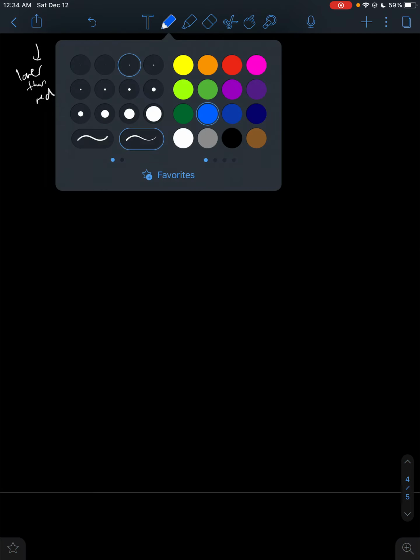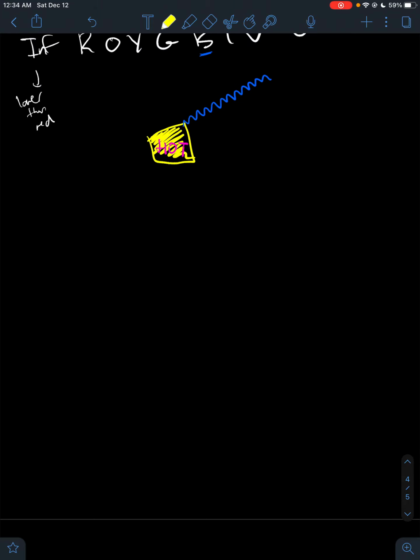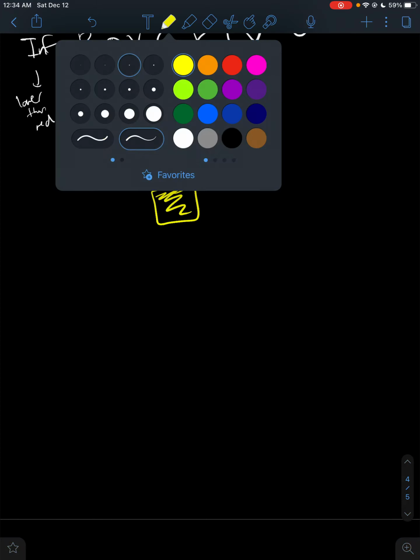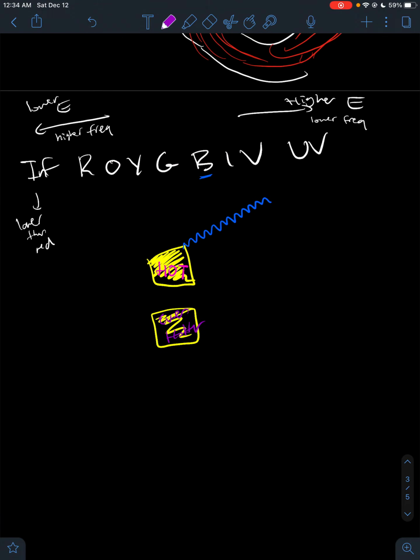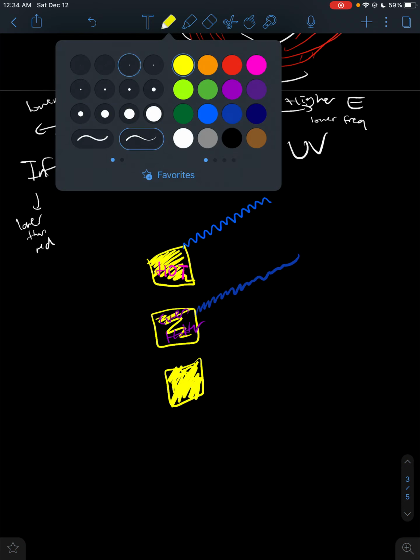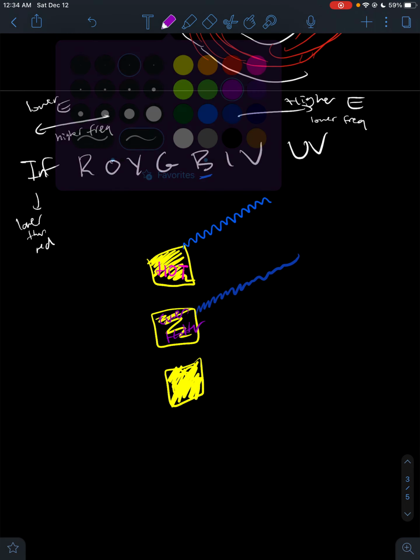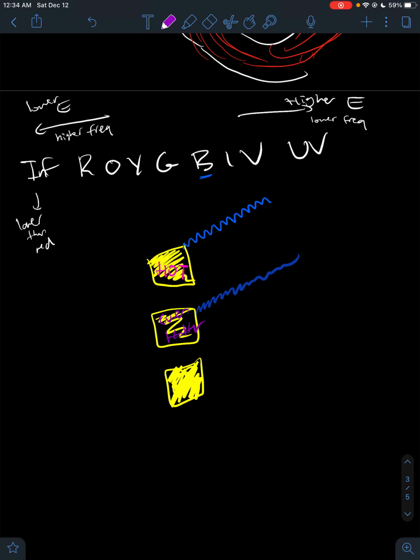If the object gets even hotter, it will start to emit indigo light. It will appear to be indigo in coloration, which has an even smaller frequency. And if the object is even hotter, and it wants to get rid of its energy as fast as possible, then it's going to emit some cool UV light.